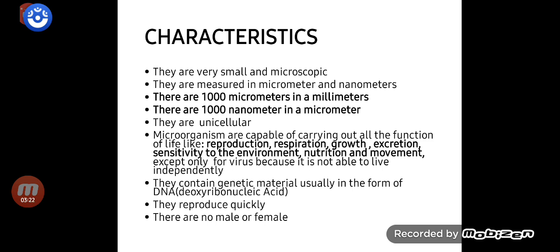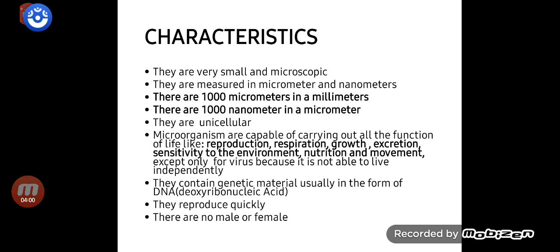They are unicellular. When we say unicellular, we mean they are made up of a single cell. Only one cell makes them. Microorganisms are able to carry out all the functions of life like production, reproduction, respiration, growth, excretion, sensitivity to the environment, nutrition and movement, except for viruses, because they are not able to live independently.